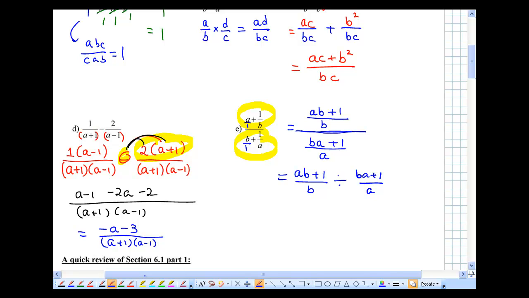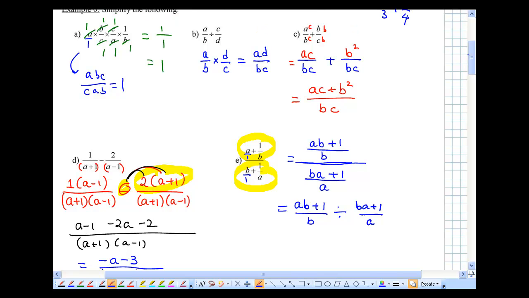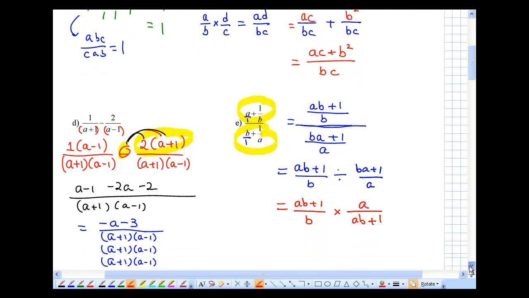That's just like part B from above: division is the same thing as multiplication by the reciprocal. So I'll multiply by a over, and ba can be written as ab, the order doesn't make a difference. Hopefully you know why I did that now, because look, this whole ab plus 1 and this whole ab plus 1 seem to be the same.